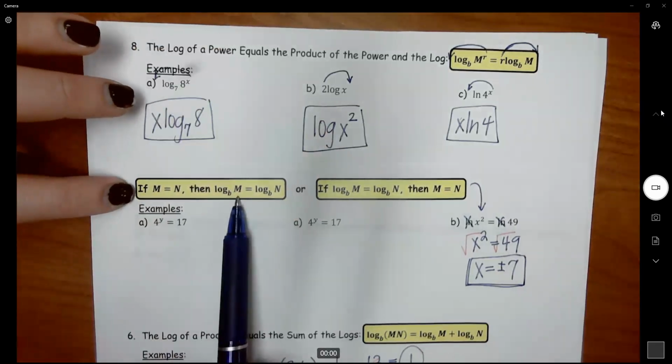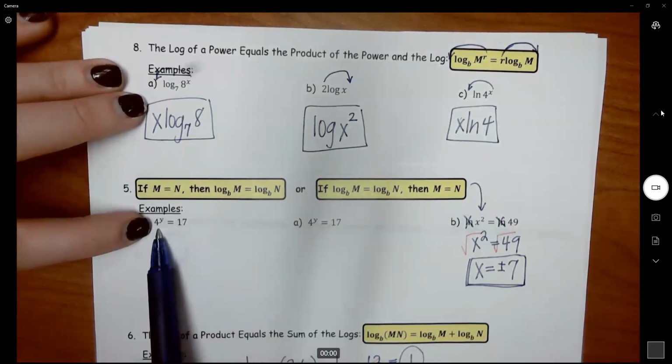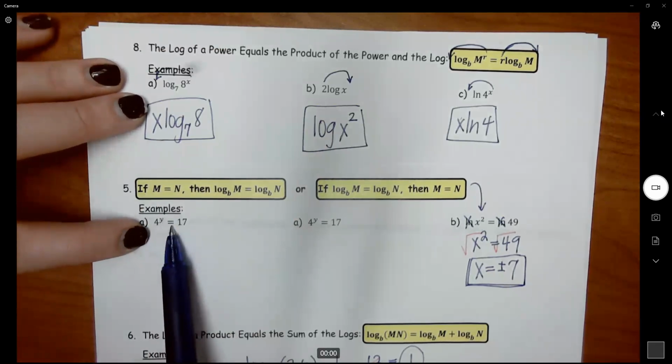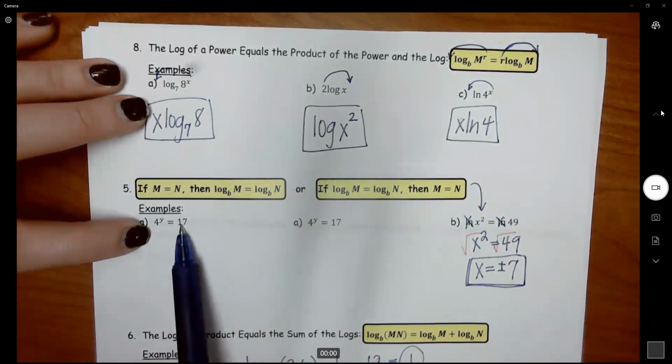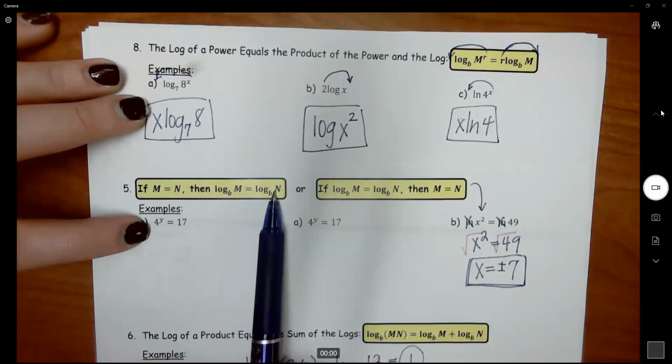So now with this one, I need to go in the opposite direction. So I have this side y to the 4th. Let's change that. I have this side 4 to the y power equals 17. So this is my m, this is my n. So what this tells me I can do is add a log with the same base to both sides.